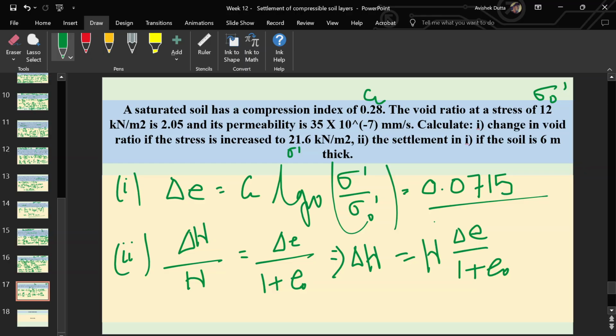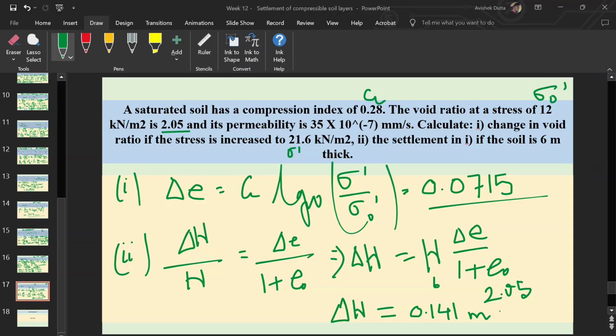E0 is 2.05. Del E we have found out. H is 6 meter. Now the value of the settlement is approximately 0.141 meter. Any doubt? No, sir, clear.